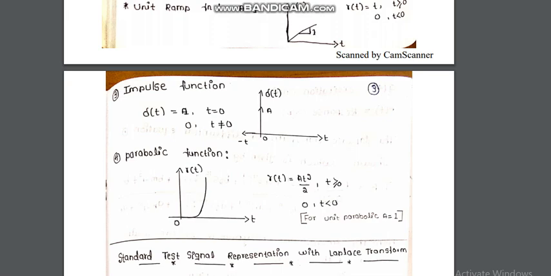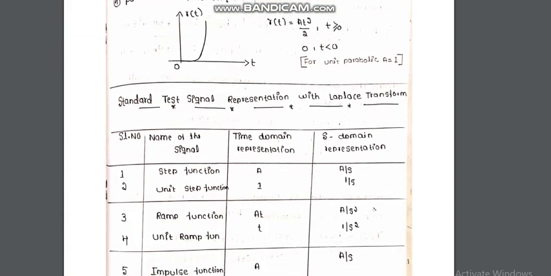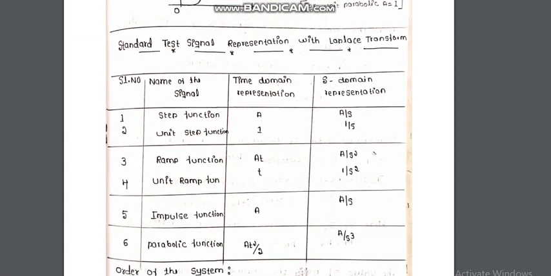So these are the standard test signals, and this table represents the name of the test signals, the time domain representation we just saw, and the Laplace transform of these signals, sorry, the S domain representation. Step function: A in time domain, A divided by S in frequency domain. Unit step function: 1 in time domain, 1 by S in the frequency domain.